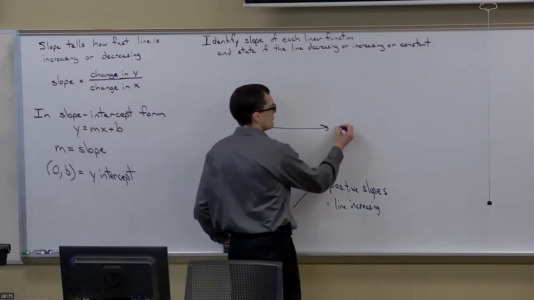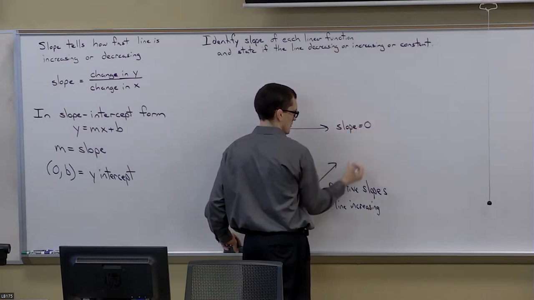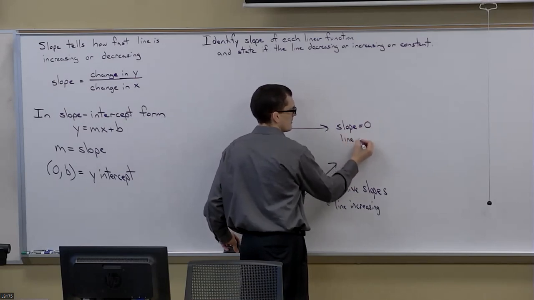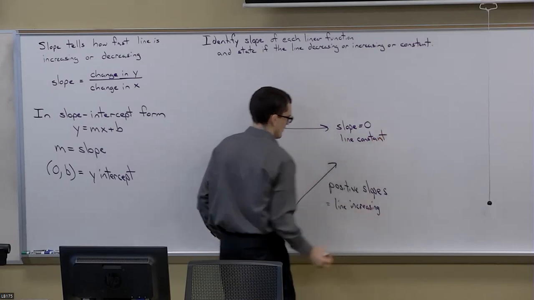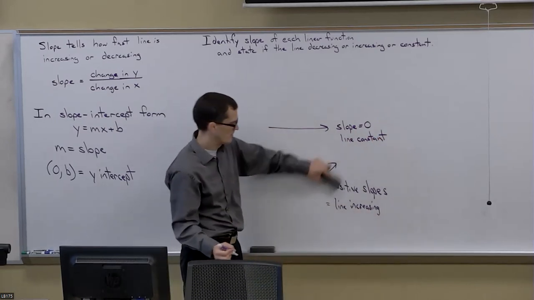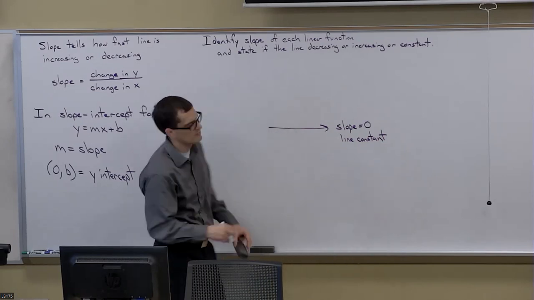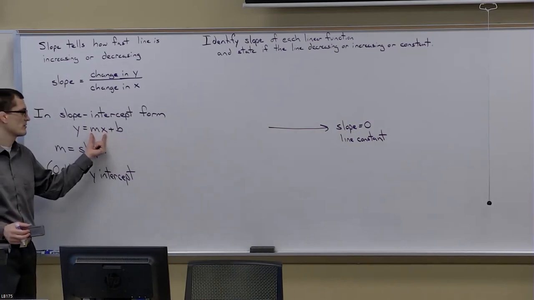So slope of 0 means the line is constant. Exactly. So like y equals 3, this goes away. Y equals 4, that goes away.